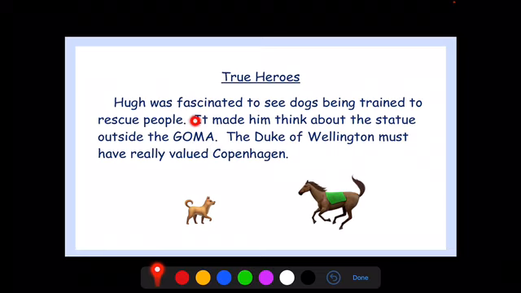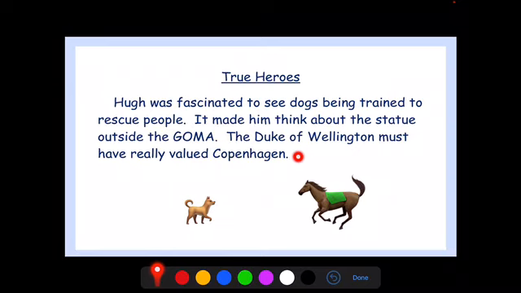Hugh was fascinated to see dogs being trained to rescue people. It made him think about the statue outside the goma. The Duke of Wellington must have really valued Copenhagen.